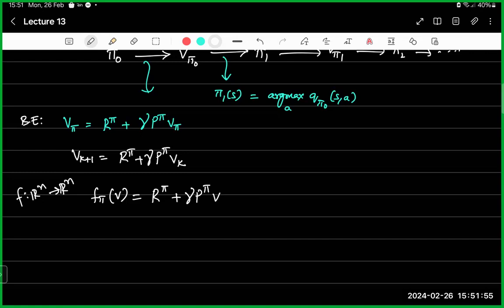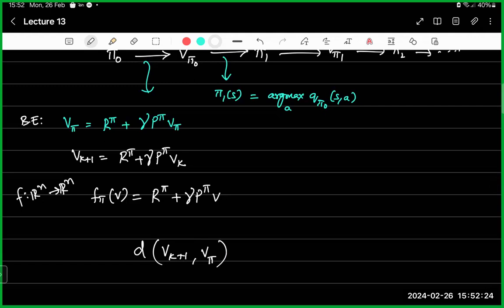Let's say after k iterations you got a vector V k plus 1. We want to understand how close this vector is to the vector of interest, V pi. So what is the distance between V k plus 1 and V pi? This is what we are interested in.